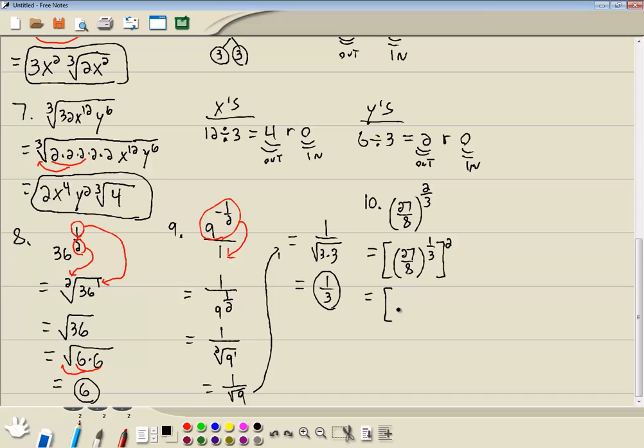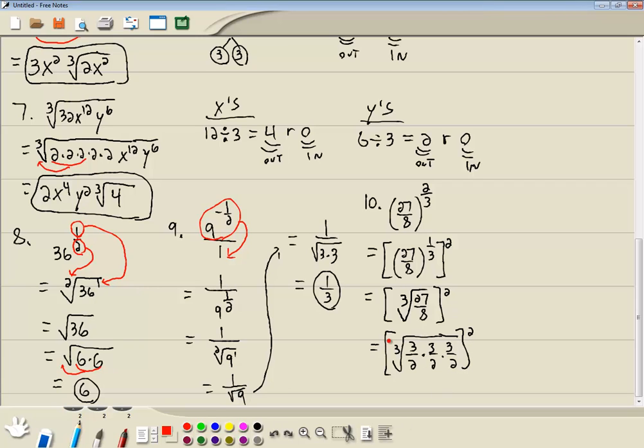Now I'll put that back in the radical form, so this will be the cube root of 27 over 8, which works out nice. Because 27 is 3 times 3 times 3, and 8 is 2 times 2 times 2.